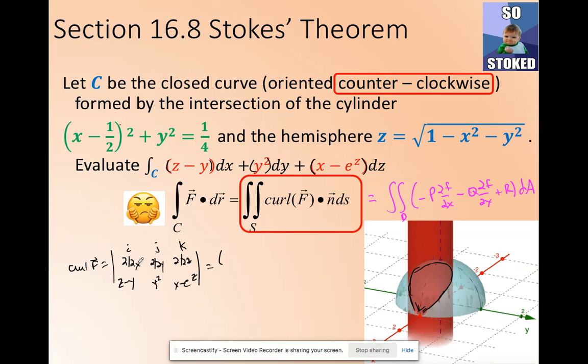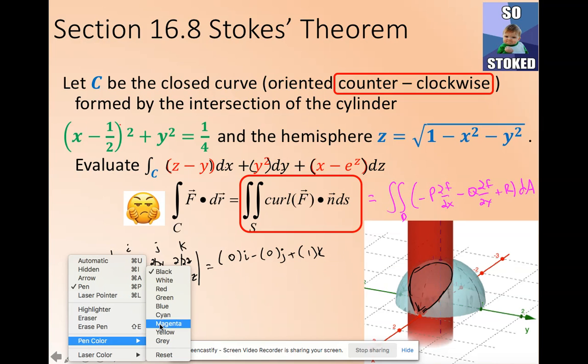What do you get? Right, for my first one, I get 0, 0, and 1. So there's my P, Q, and R.